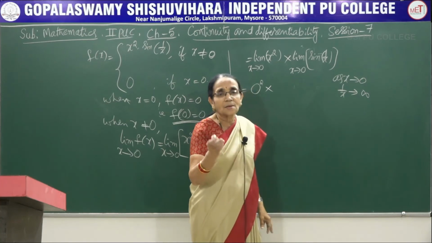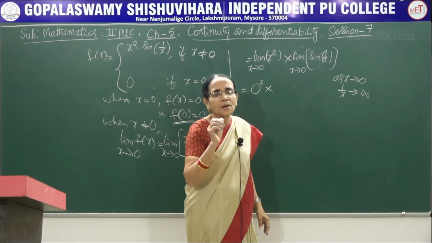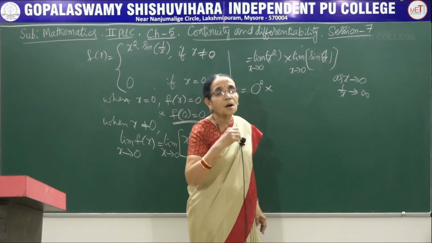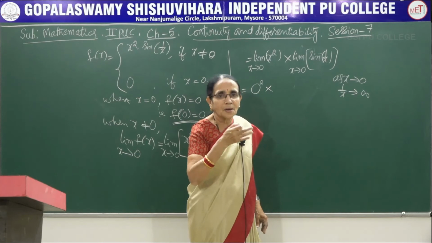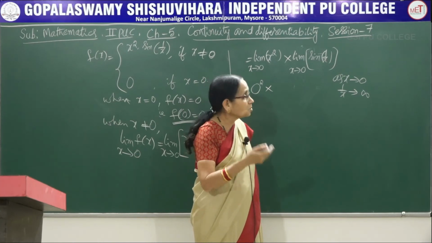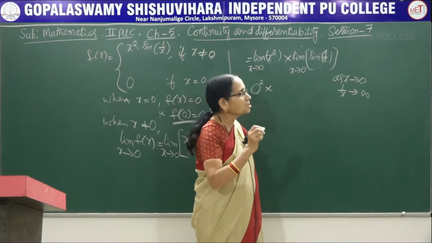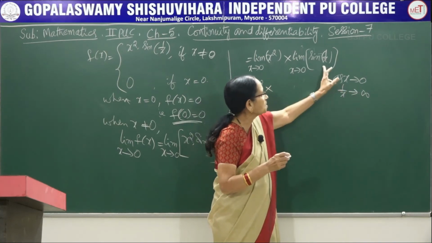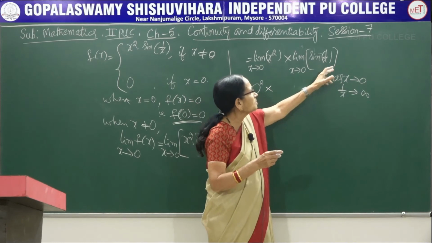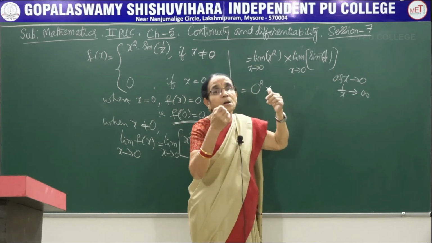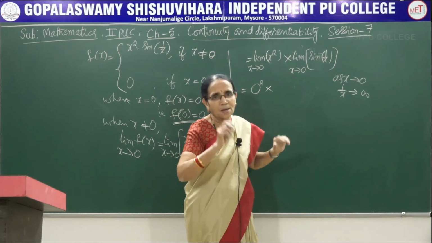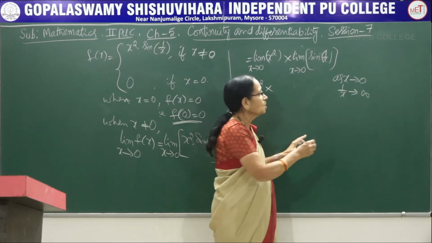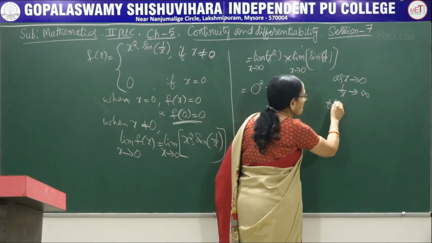Now, as in the earlier problem I told you, the function sin x is defined for all real values of x, however big or small x may be. So, as x tends to 0, 1 by x tends to infinity. Sine of some number, say sine of 1 crore degrees.